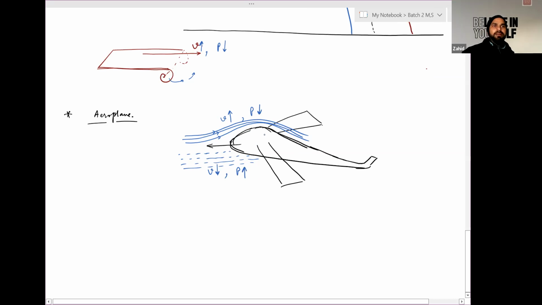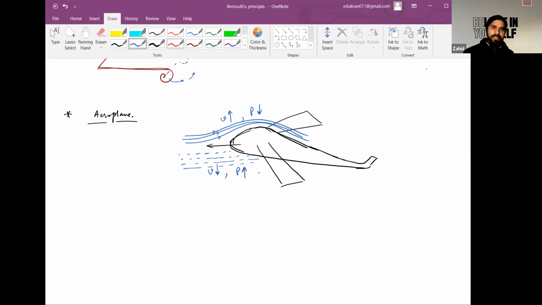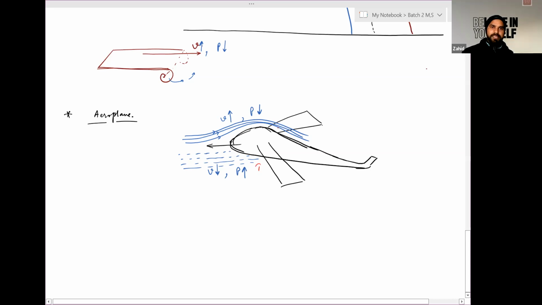Now, let me calculate this mathematically. Let's say this is the first end and this is the second end. According to Bernoulli's principle, we can write P1 plus half rho V1 square plus rho g h1 equals P2 plus half rho V2 square plus rho g h2.